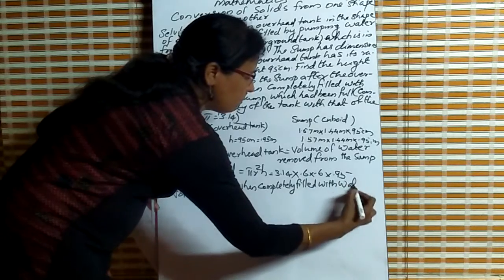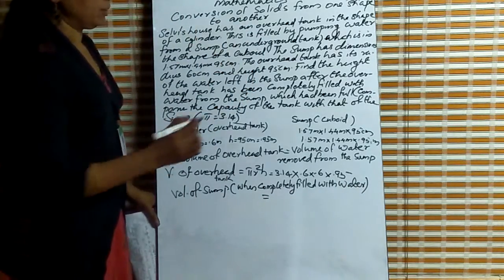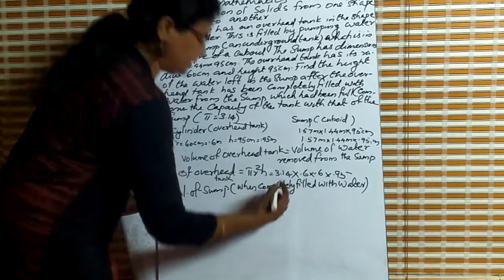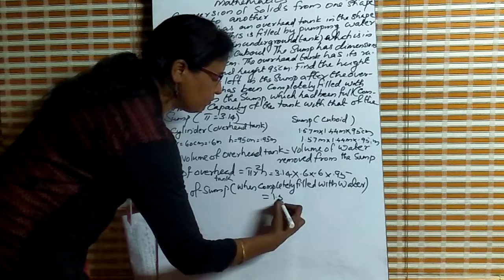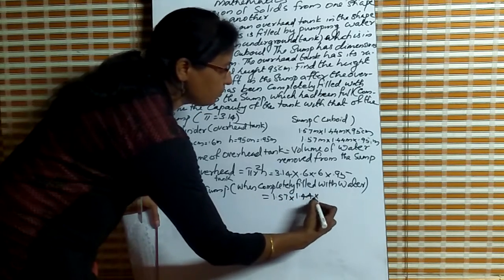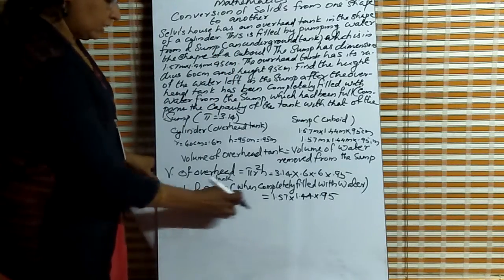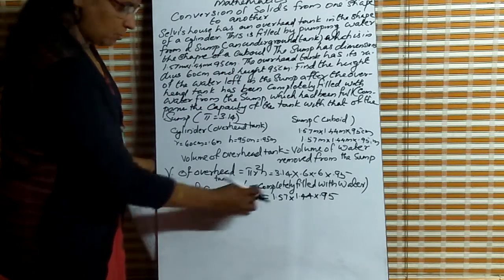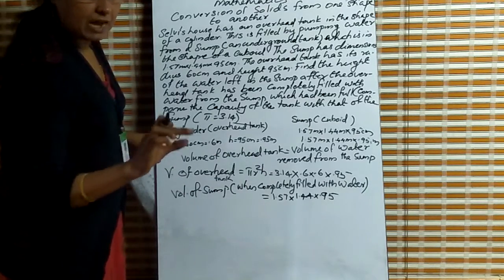Here the sump is in the shape of a cuboid. So its volume is length into breadth into height. That are given in order. 1.57 into 1.44 into 0.95 meter. So this is the volume, total volume of sump. This first one is the volume of overhead tank.